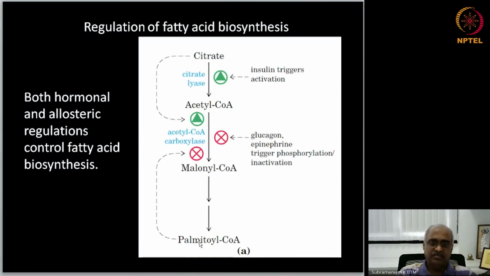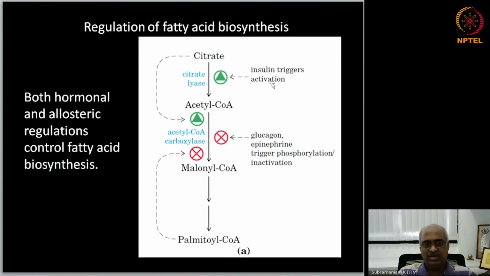And the second information that we added today is the end product palmitoyl-CoA acts as a negative allosteric effector of this ACC enzyme.